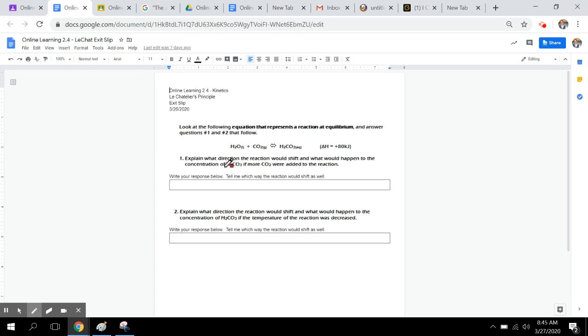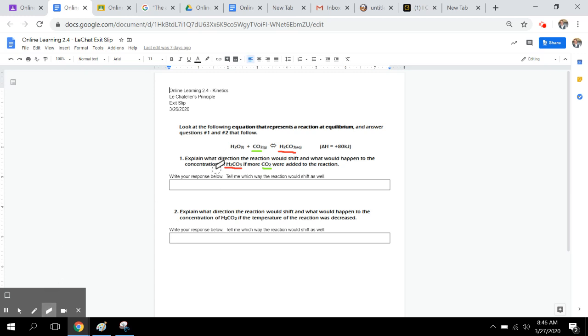So what will happen to the concentration of this, which is a product, if we add more carbon dioxide to the reaction? That's what the question's asking.